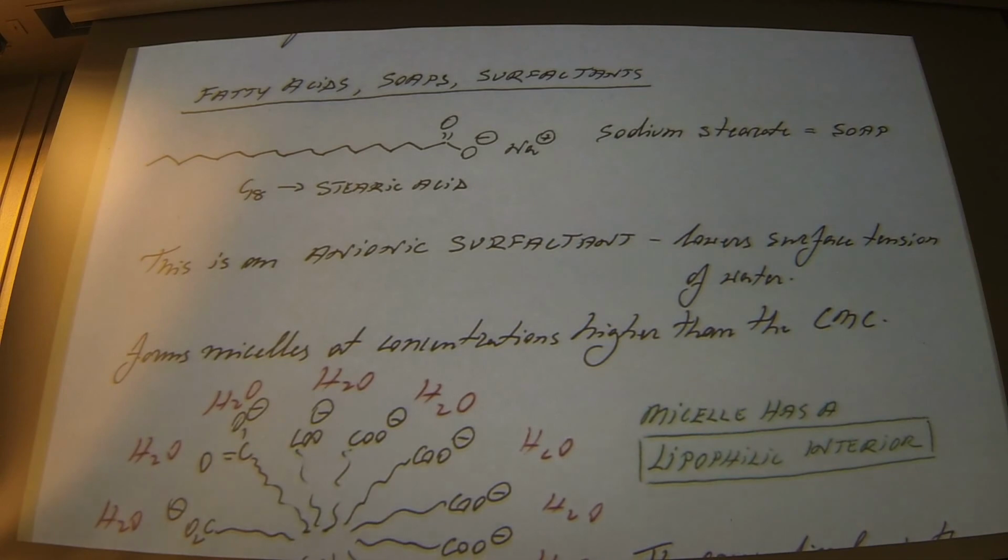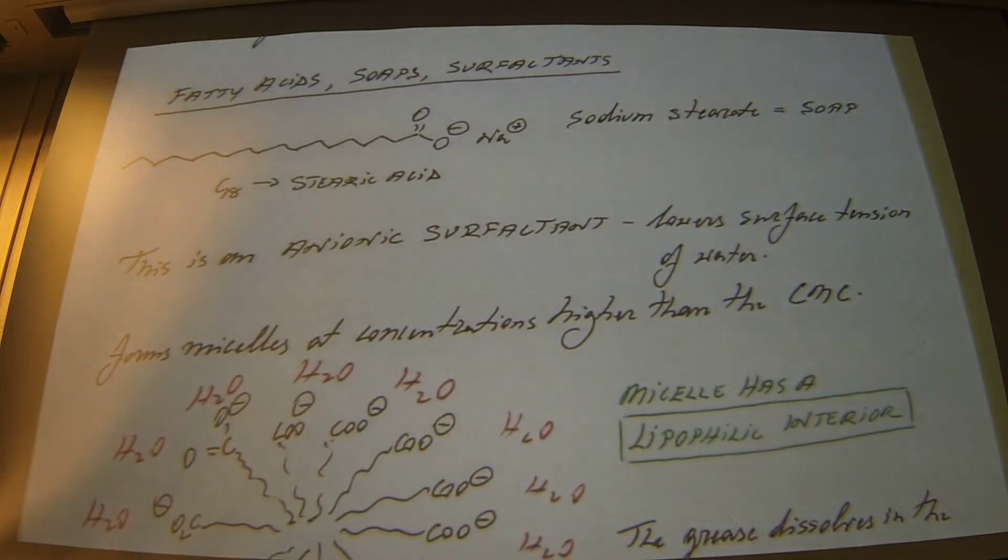And then you mix that with something that doesn't sound like good starting material for something that's going to make it clean. You mix it with grease. Now, what's going on? Well, the wood ash is a good source of potassium carbonate. And the grease is a good source of fatty acids, like stearic acid. And so we'll talk about that on Wednesday.